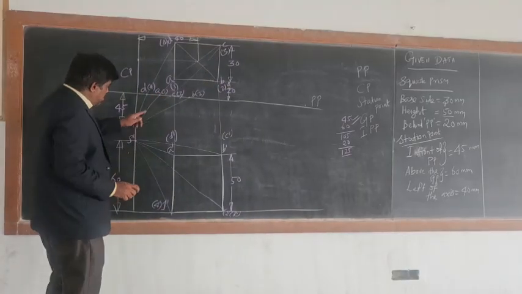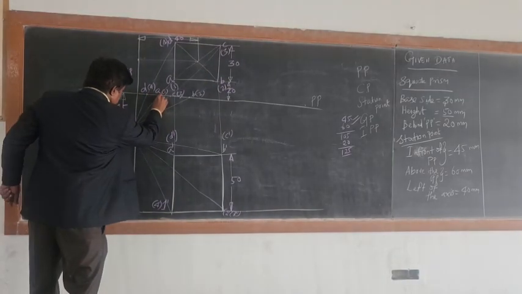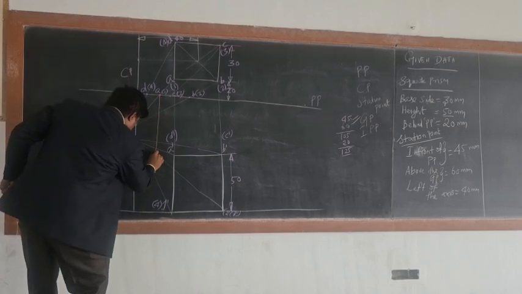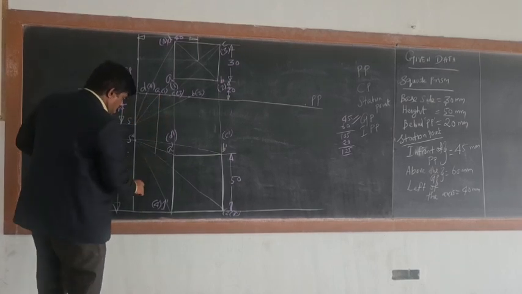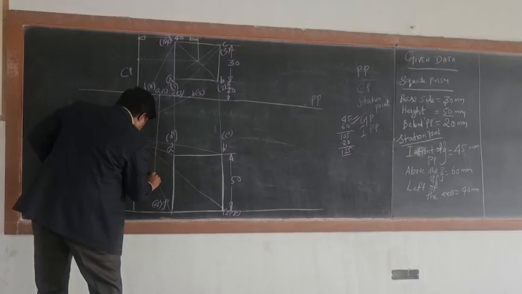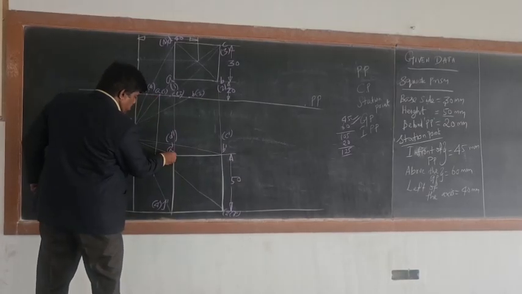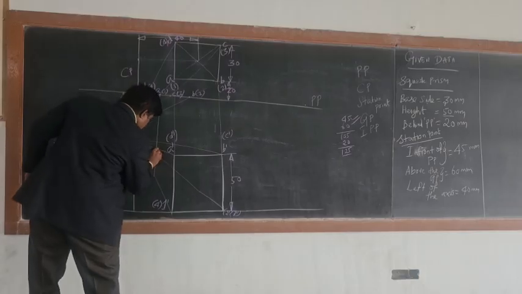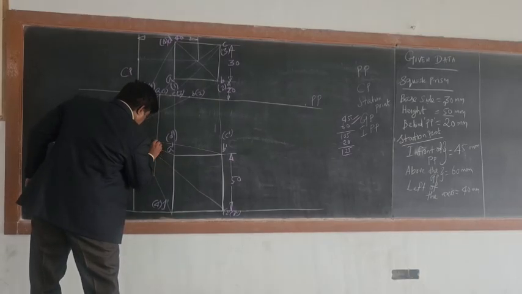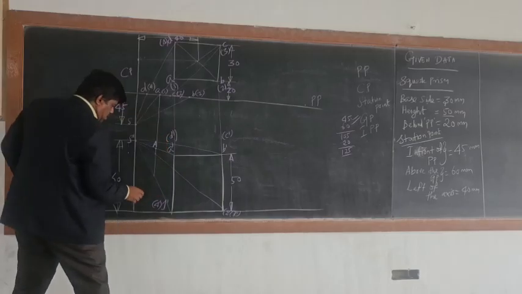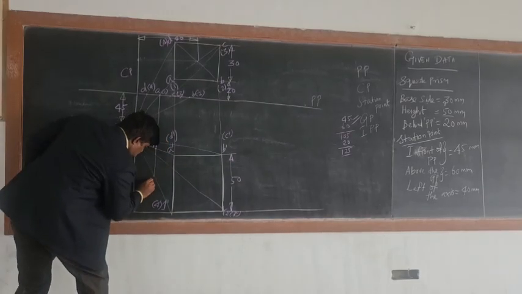This one is A. A and 1, you see? So here A and 1. This point is called capital A. Then this one is 1.